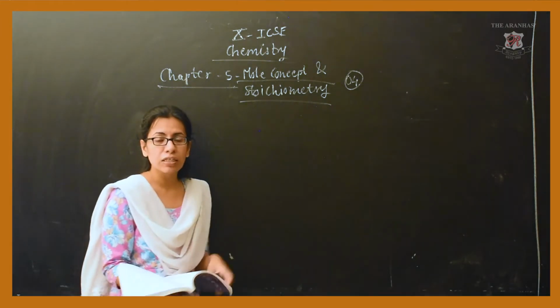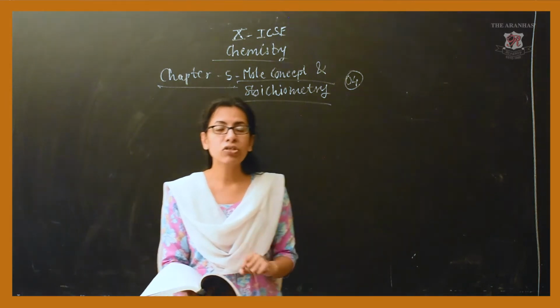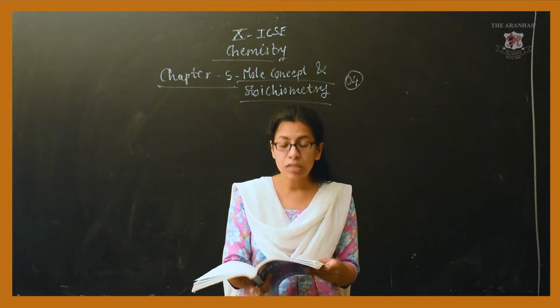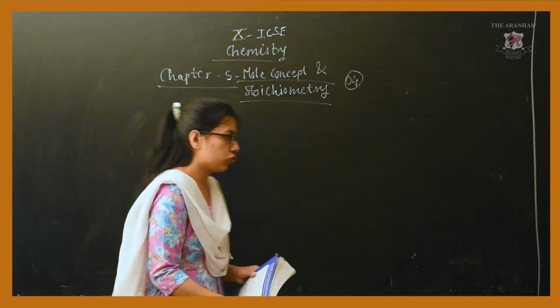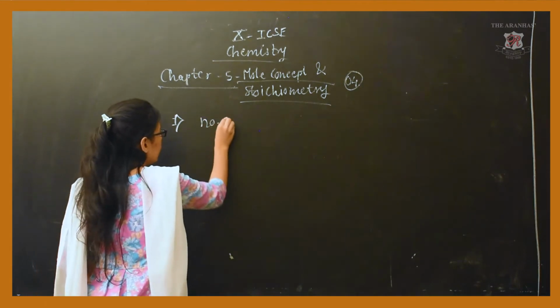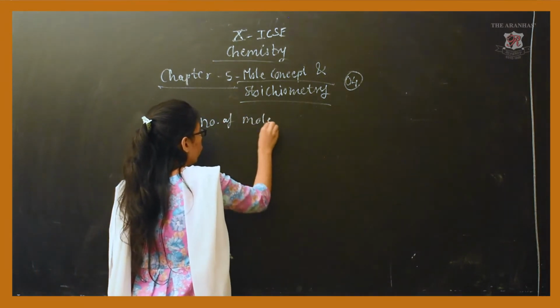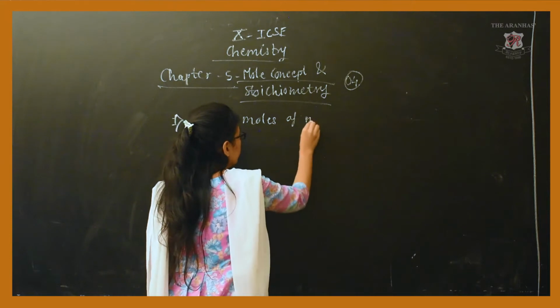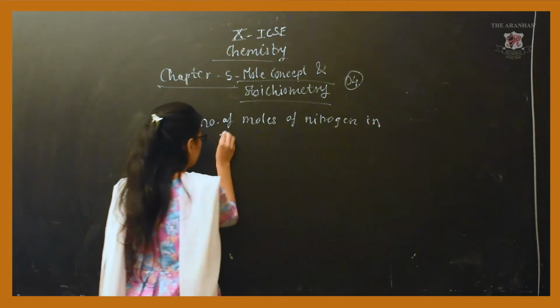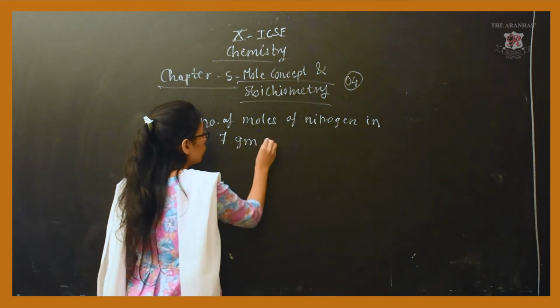They have asked us in the first question to calculate the number of moles of nitrogen in 7 grams of nitrogen.